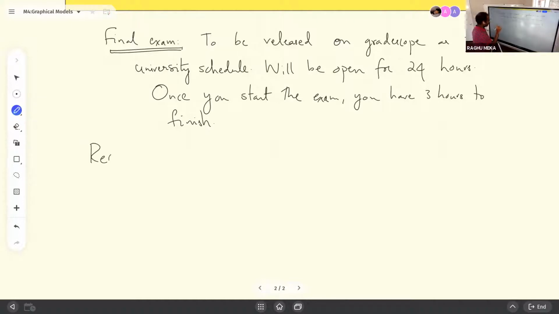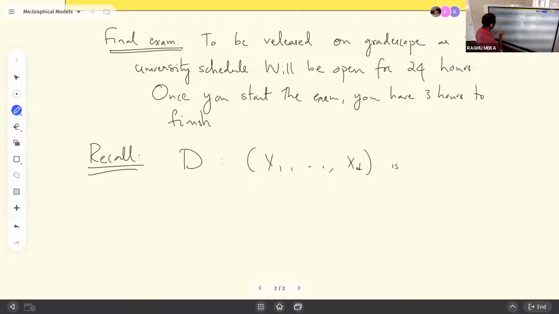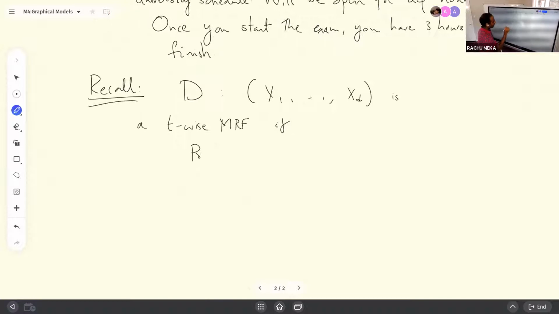Okay, so let's recall. I have a distribution D on little d variables. It is a T-wise Markov random field if the probability density function can be factored.